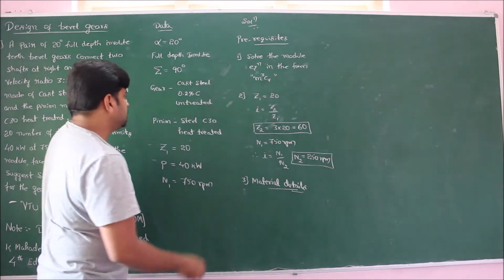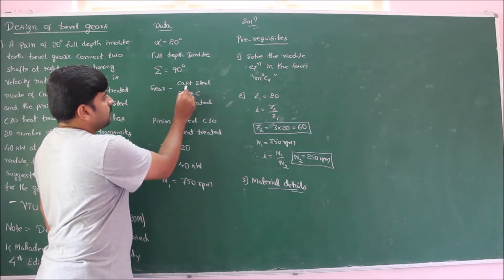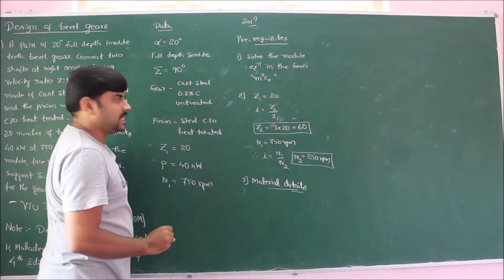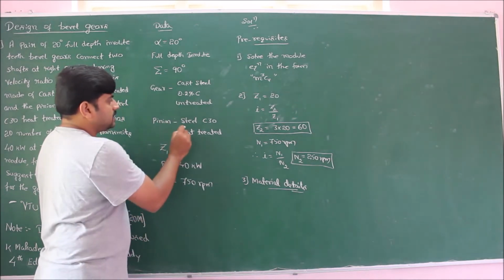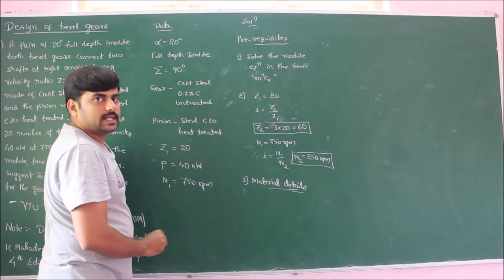Next, moving on to the third prerequisite, that is material details. He has clearly stated the gear is made of cast steel 0.2% carbon untreated and the pinion is made of steel C30 heat treated.